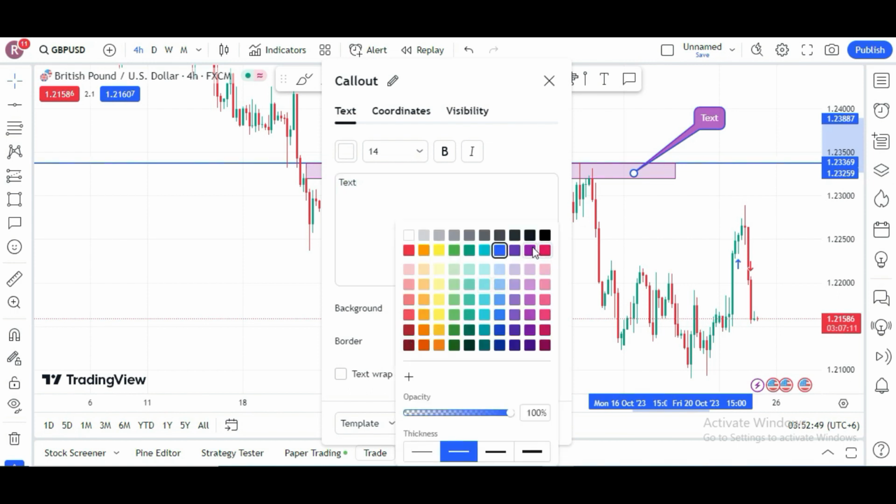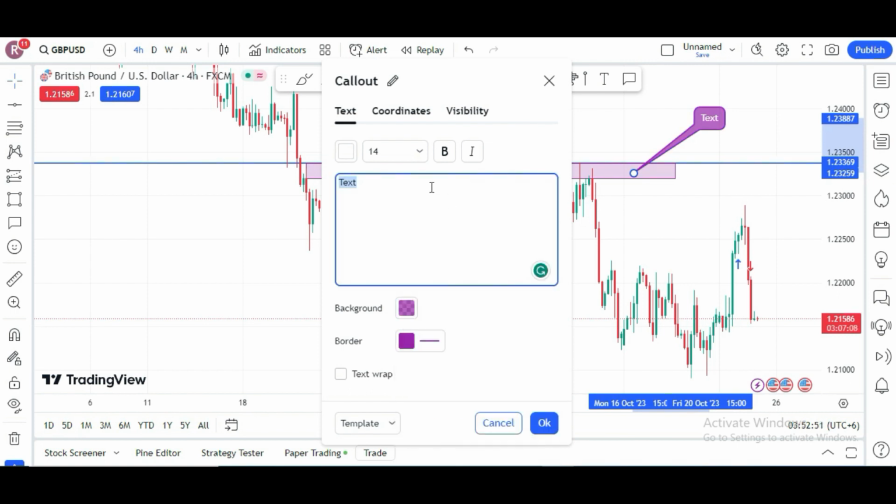and this P3 in 4-hour TF is a double top. So it is a double top.